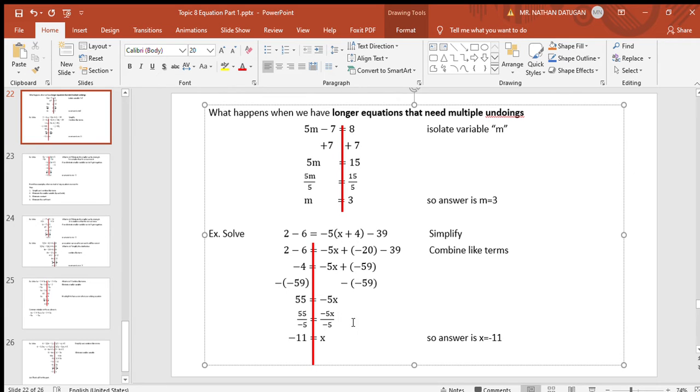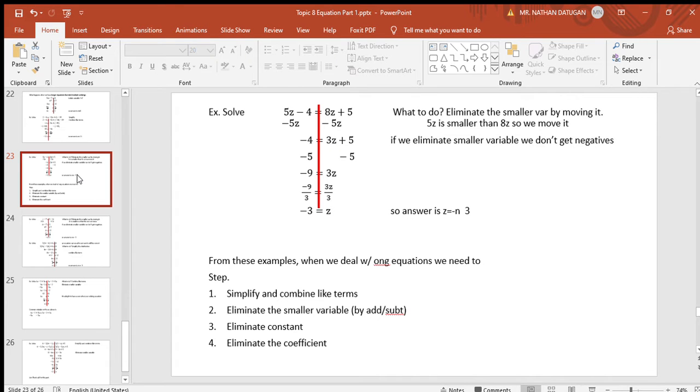How do we do that? We divide both sides by negative 5. And so you're going to get 55 divided by negative 5 is equal to negative 11. And the right side will just be simply x. So your answer is x is equal to negative 11.